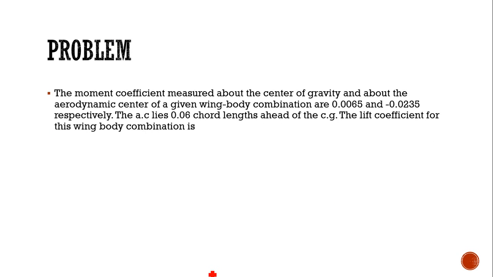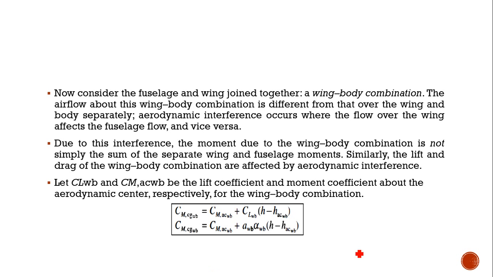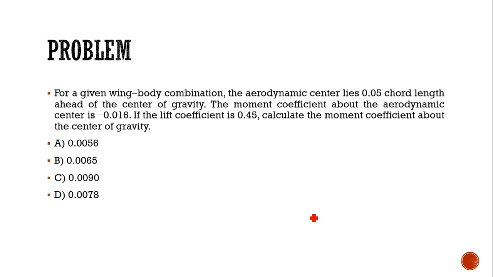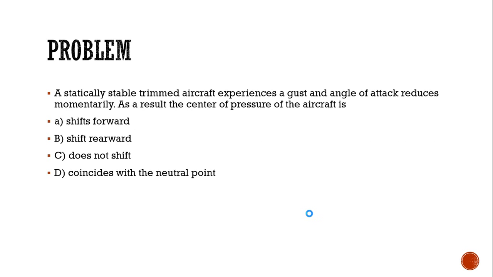In the same way we have the equation for the moment about the center of gravity of the wing body combination, that is CM AC WB plus alpha WB into AWB into H minus HAC WB. So this equation I'm going to substitute into the total pitching moment formula.